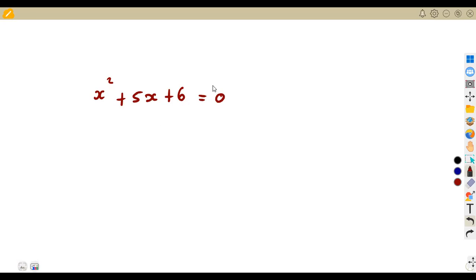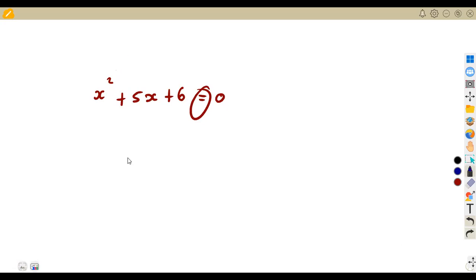Whenever we equate this trinomial to a certain value, the moment we say is equal to, we are now talking about a quadratic equation. What is controlling is the highest exponent, which is 2. That is why we are saying it's a quadratic.